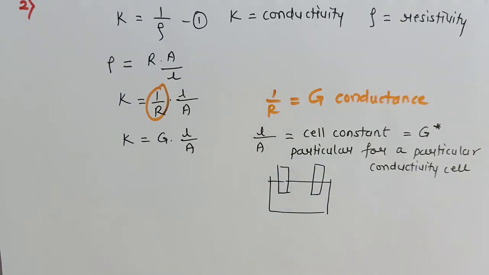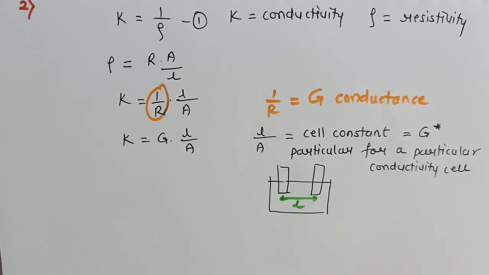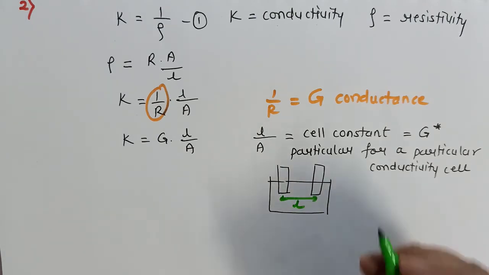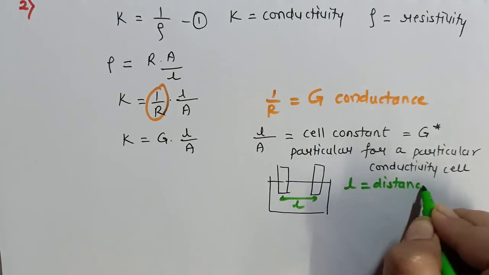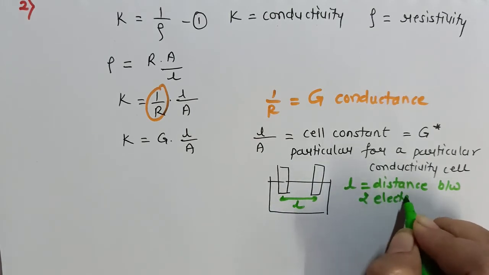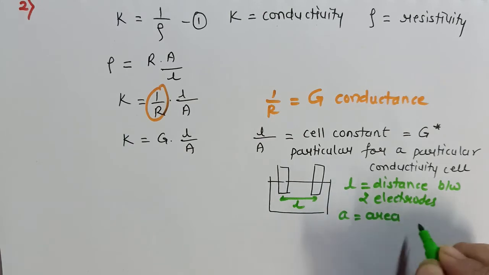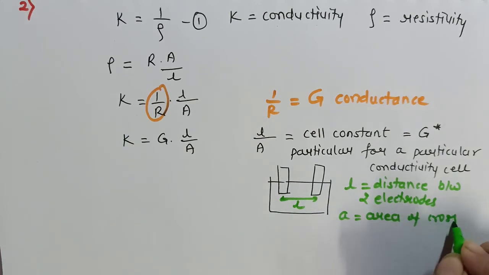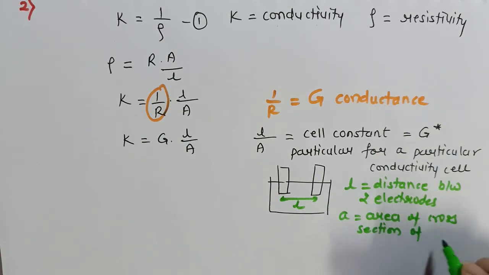From this we'll determine L and A. L is the distance between the two metal electrodes, and A is the area of cross section of the electrode.